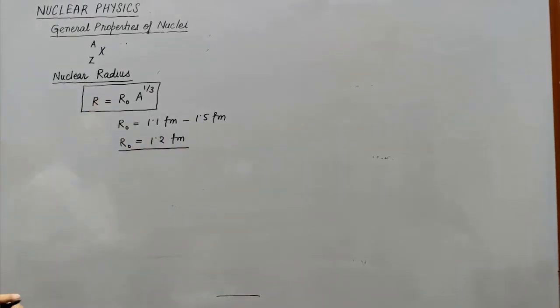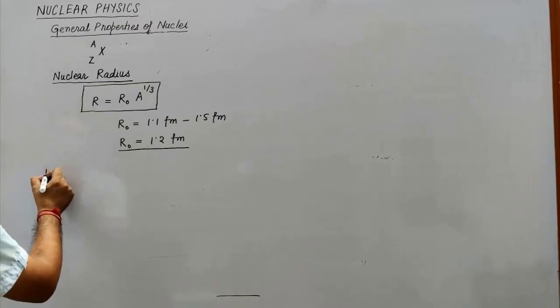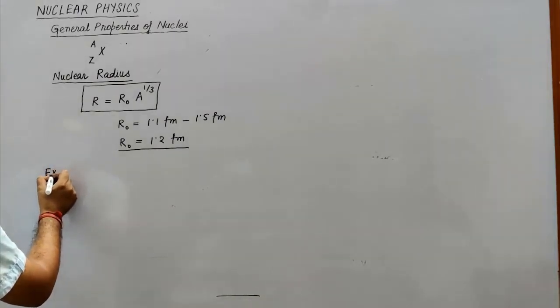So this is the formula for the nuclear radius of a nucleus. Many questions asked in the last few years can be solved on the basis of this formula. For example, I am giving you an example of how this formula is important.